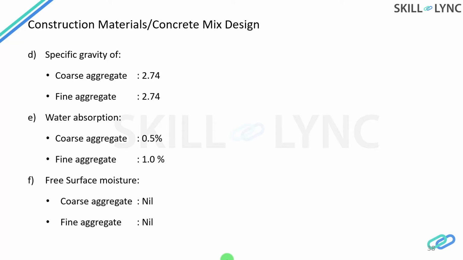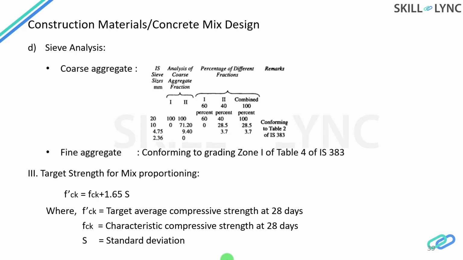It should not be used in wet condition. The sieve analysis test for coarse aggregate and fine aggregate should conform to IS code 383, and coarse aggregate should be followed as per table 2 of IS 383, and fine aggregate should conform to the grading of zone 1 or zone 2 or zone 3 as per table 4 of IS 383.